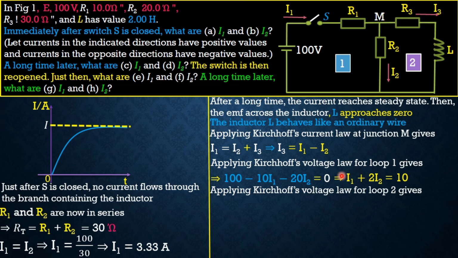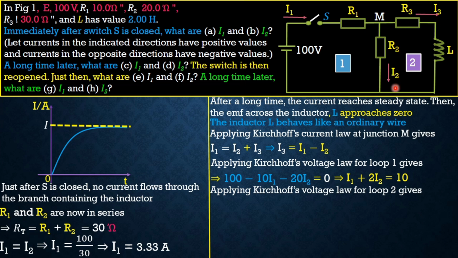Now if you apply Kirchhoff's voltage law at this point, we enter into this loop. We can see that as we are coming up, we are going against the flow of the current of I2. When we are going with the flow of current, we have a potential drop.